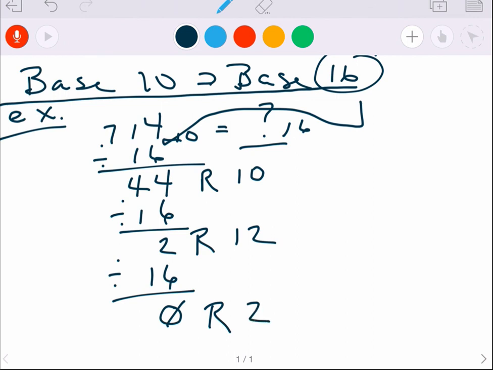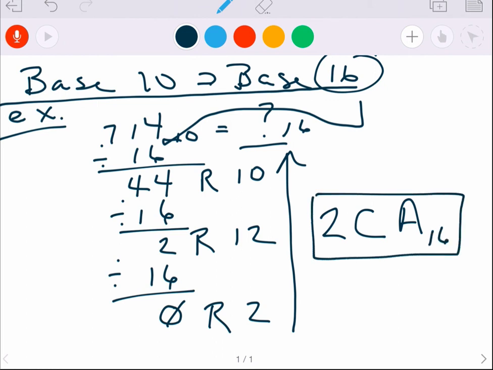We then, just like before, take the remainders in reverse order. So the first one is 2, 12 is C, and 10 is A. So as we go through and do the conversion, we need to convert to the appropriate hexadecimal digits, which again is 0 through 9, A, B, C, D, E, F.